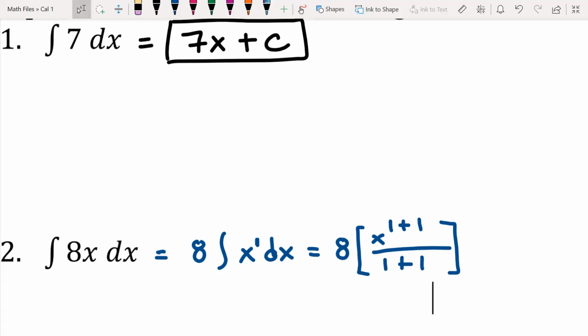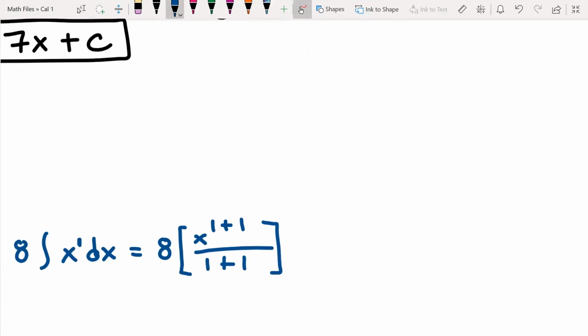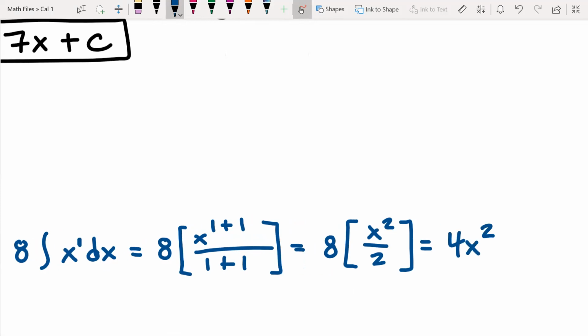Let's go ahead and clean this up. And you'll get 8 times x squared over 2, which will reduce to 4x squared. And don't forget to tack on the c.